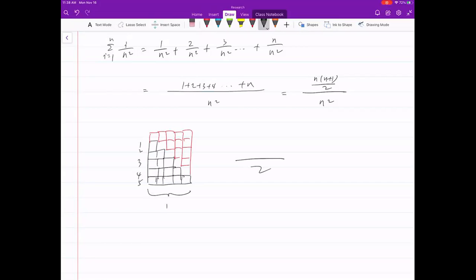I did 5, but you can easily see this is going to be n if you stop at n, right? That tells you this is n. But what about this? By putting another red one here, that's going to be n plus 1, because it's a little bit taller when you stack them together.